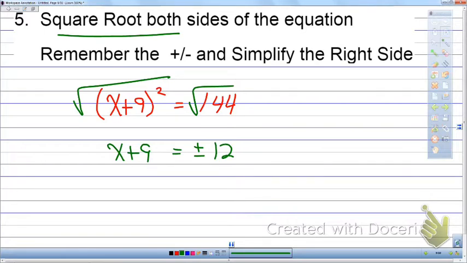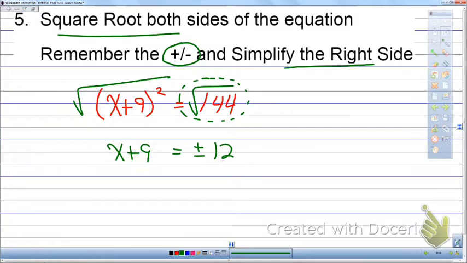Square roots, don't forget about the plus and minus. Simplifying the right side. 144 was a perfect square, so it was easy. If we get other numbers, they could be negative numbers and we have to simplify with imaginary numbers. They could be other radicals that we just have to simplify. Always be sure to simplify the right side.